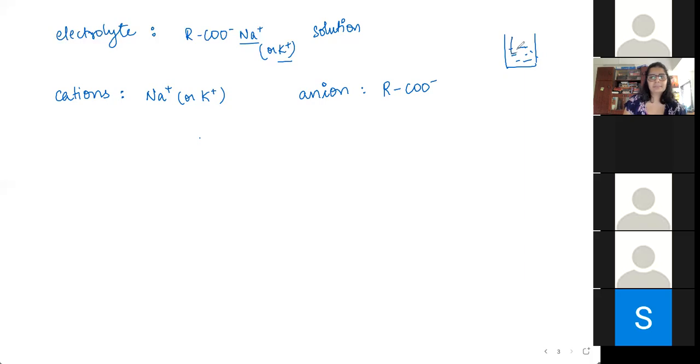So once I pass electricity through it, the mechanism is going to have, because we are breaking the bond here, a little bit of rearrangement that takes place.